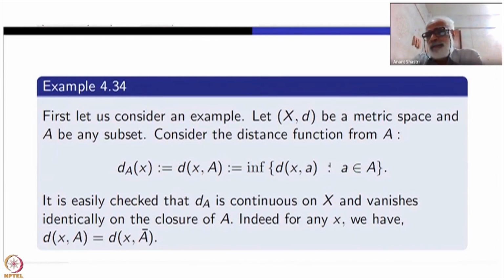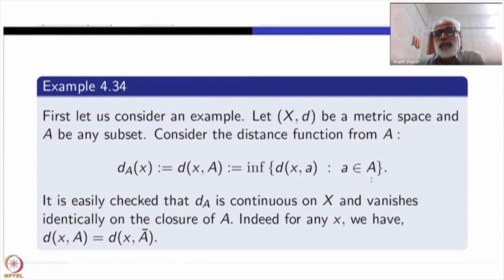So again, go back to metric spaces. Take any subset A, consider the distance function from A. So the distance function is defined on X. d_A(x) equal to d(x,A), you can write in two different notations, which is nothing but the infimum of all the distances d(x,a), where a ranges over A. x is fixed.